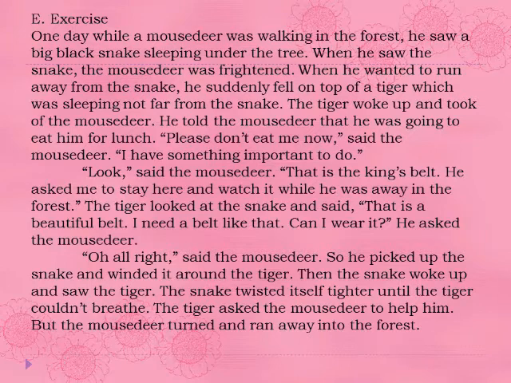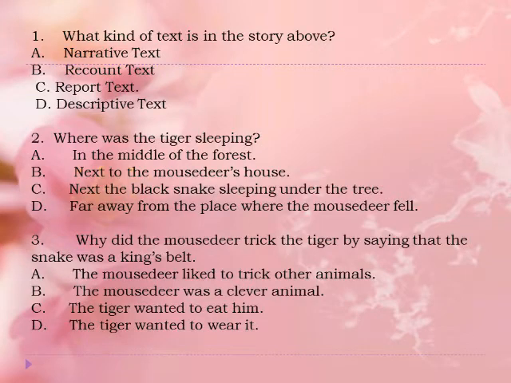And then we have the next story about narrative text. This is the exercise. Okay, you can take a look at text one. You can read the story, and let's answer this question. What kind of text is the story above?